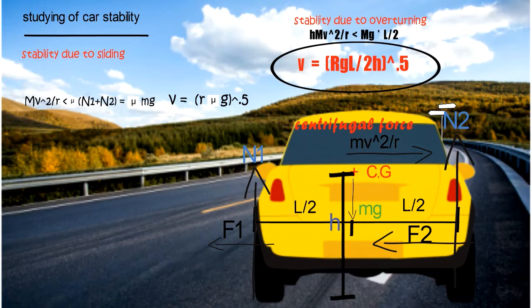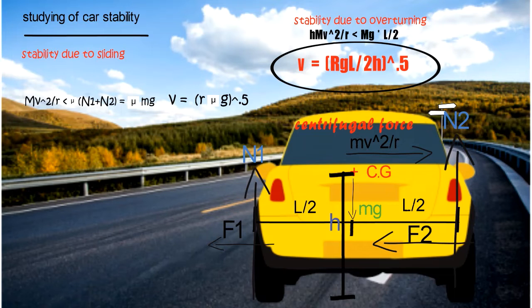So if we have more centrifugal force, we will have more overturning or tipping moment, as you can see. If this overturning or tipping effect is increased, the normal force at N2 will be bigger than N1, as you can see also.